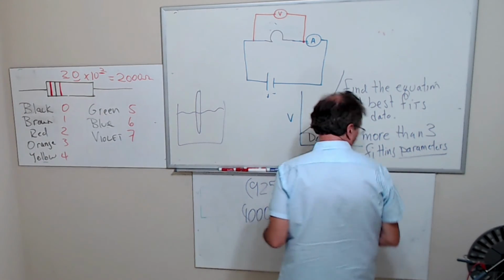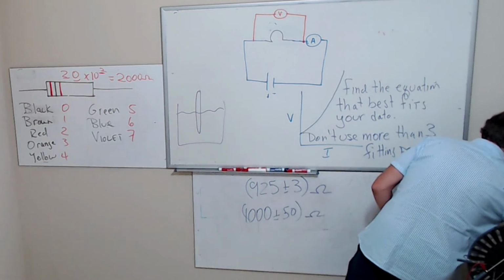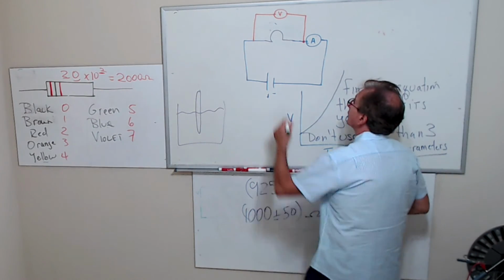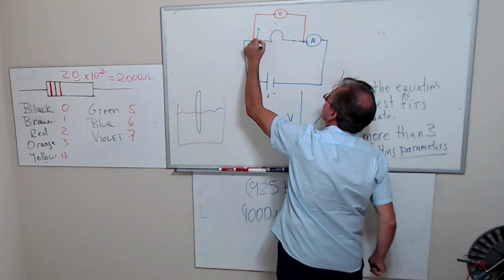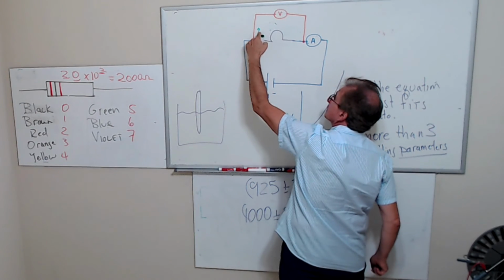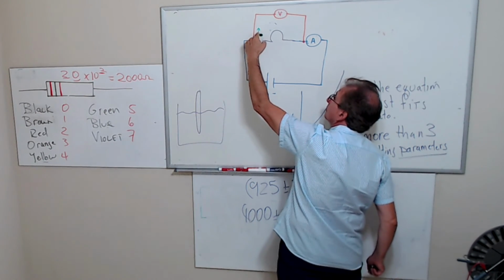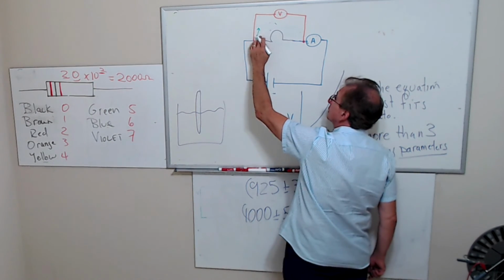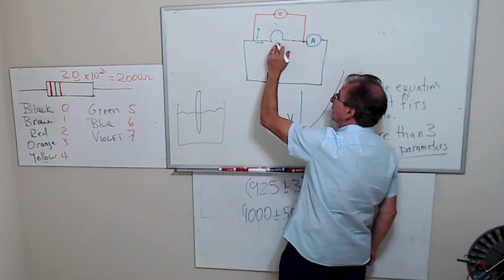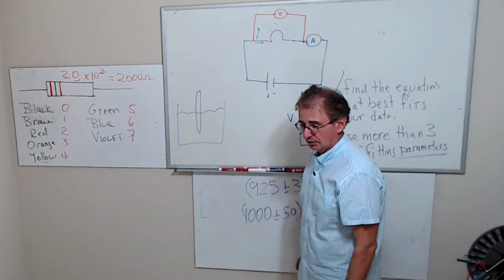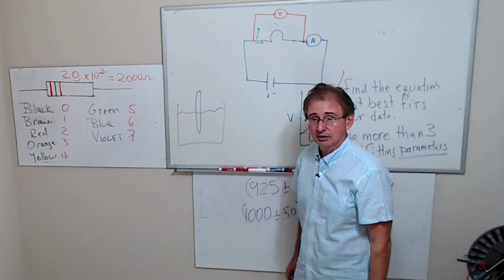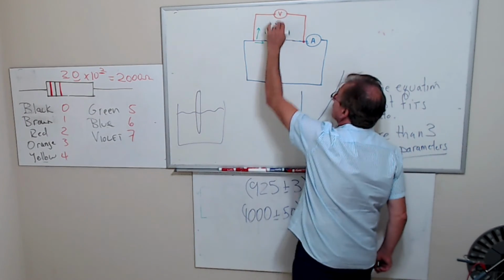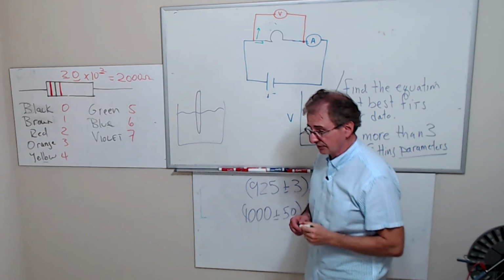What does that mean? You don't want the resistor to draw any current. You don't want the voltmeter to bring up some current, take away the current from the bulb. Because if you take away current from the bulb, then its resistance will be less than really what it is. And so the voltmeter has a very high resistance.